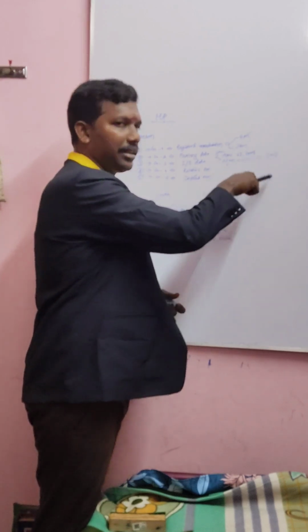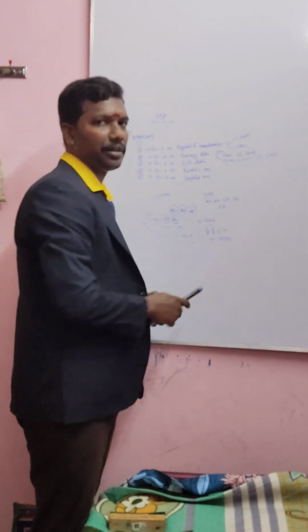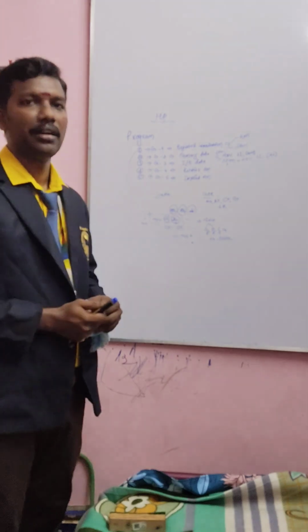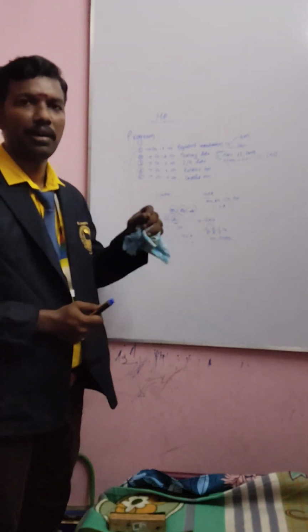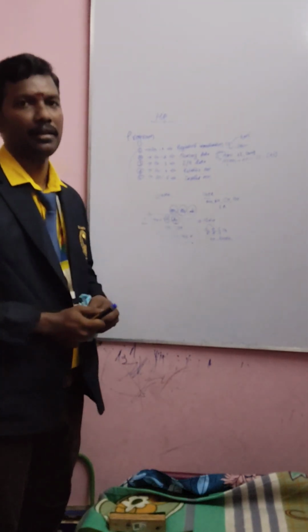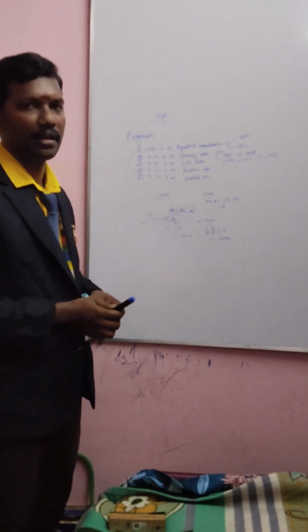This register holds the data, and that data will be moved. That means the data is represented by a register indirectly. That is called the register indirect addressing mode.